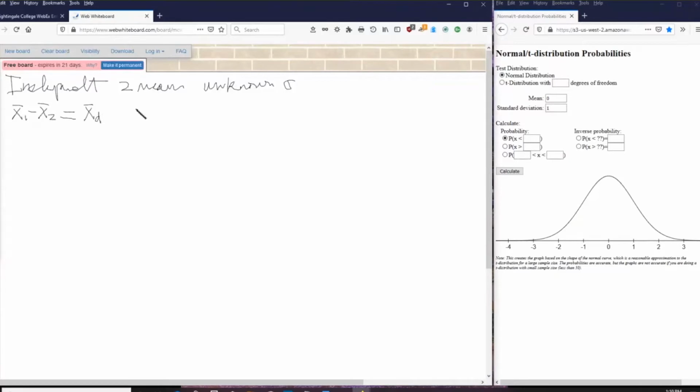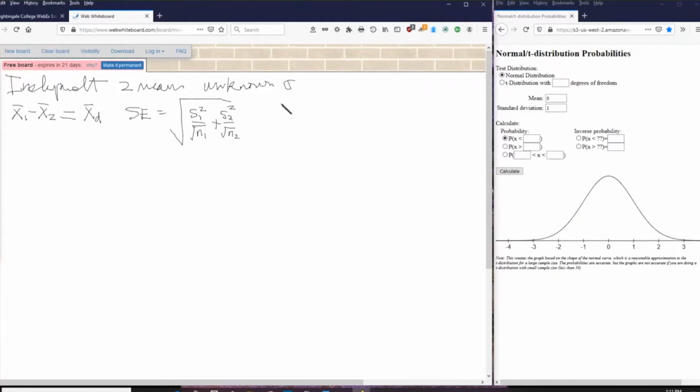Then your standard error, or standard deviation, has the formula: the square of the sample standard deviation of the first sample divided by the sample size n1, plus the square of the sample standard deviation of the second sample divided by n2, all under a square root. And that is your standard deviation of the mean.